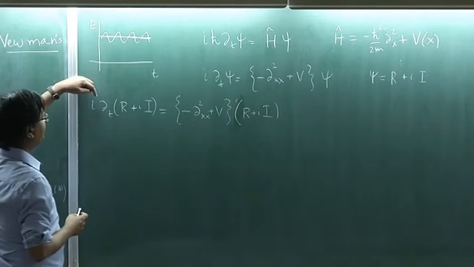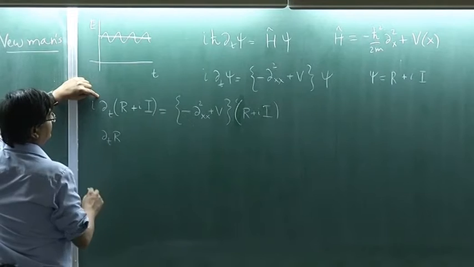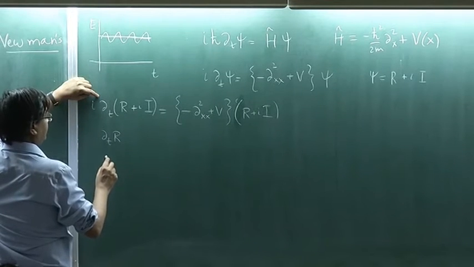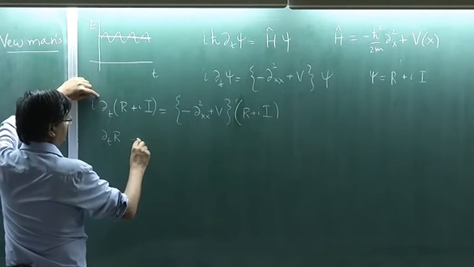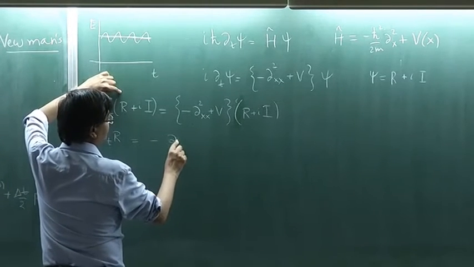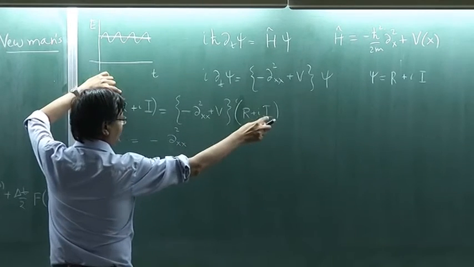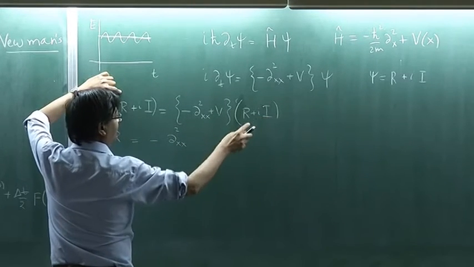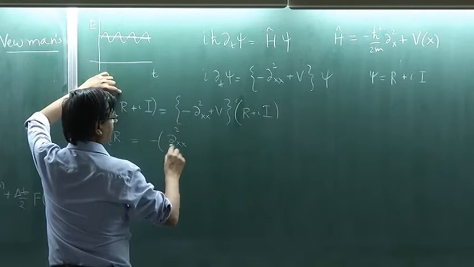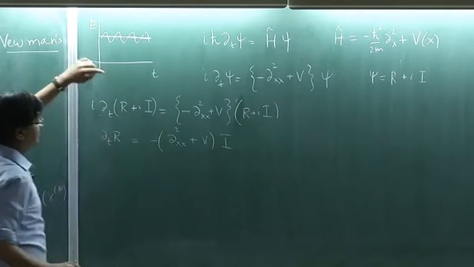How does the imaginary part look? The imaginary part will be dt R equals minus dx squared of I, multiplied by i, plus V I, correct.